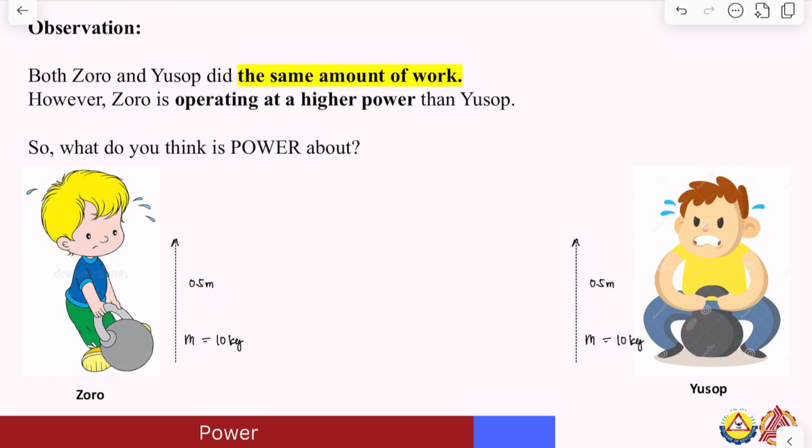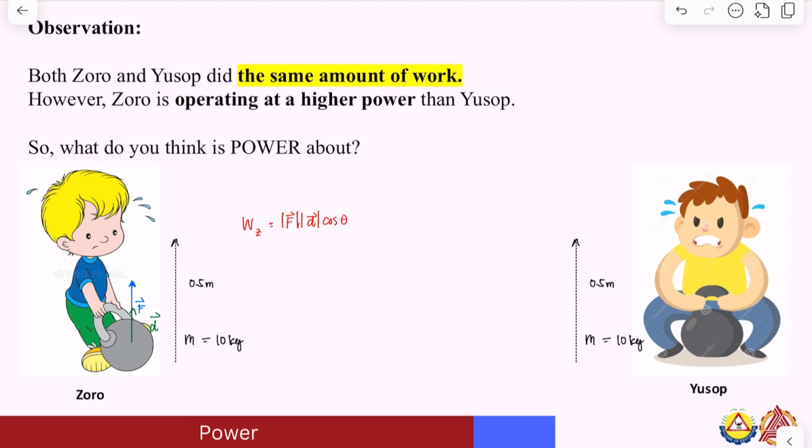When we actually solve for the work done by Zoro, as you can remember, work is just F D cosine theta. Now, in this case, class, the force that Zoro has to apply is directed upward to lift that object. So I'm just going to illustrate that one there. And also, the displacement is also moving up, since you want that object to move up.